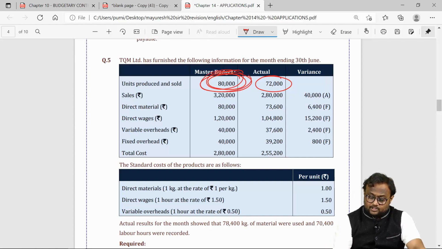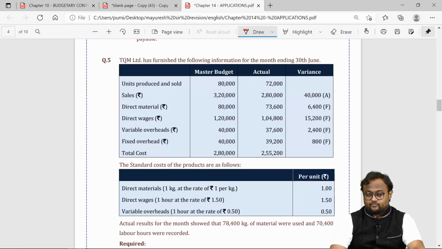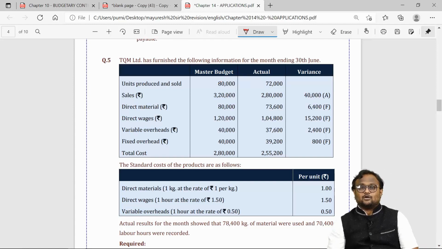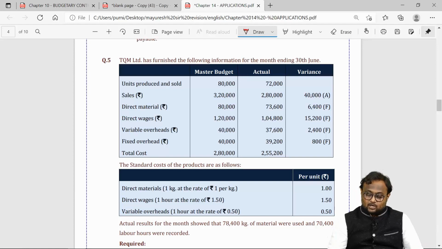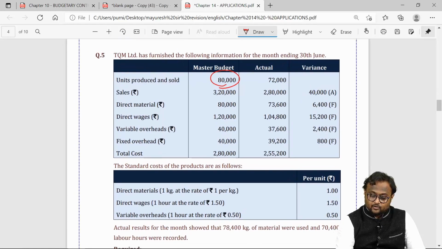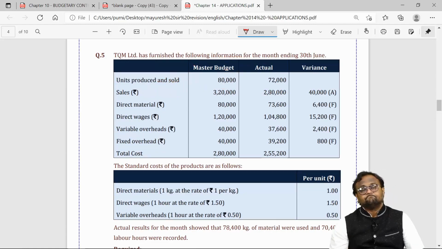So the 80,000 budget will be converted into a 72,000 budget, and then the budget of 72,000 will be the base, and the actual of 72,000 will be compared with the budget of 72,000, and you will get variances.